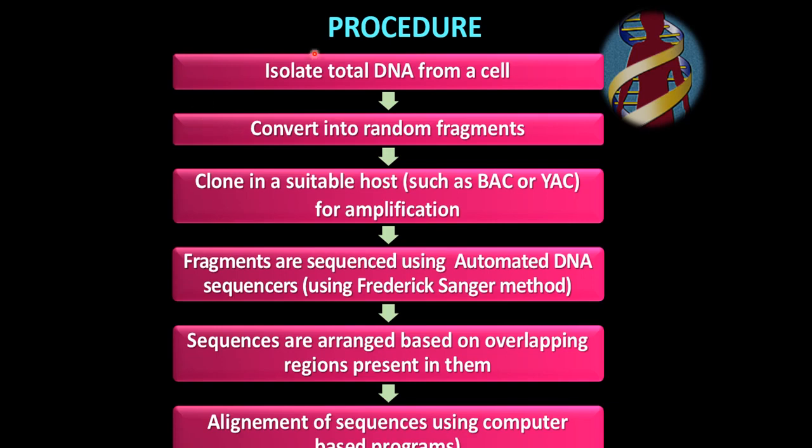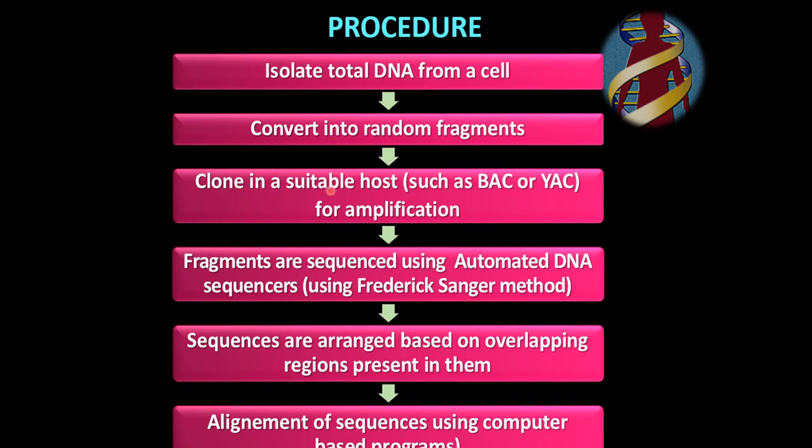Now, what was the procedure for the Human Genome Project? First of all, isolate total DNA from a cell. All the DNA from a cell is isolated, then converted into random fragments. This DNA is cut with the help of some enzymes, so the fragments of the DNA will be obtained. So random fragments of DNA are made.